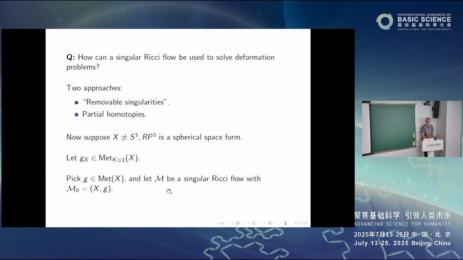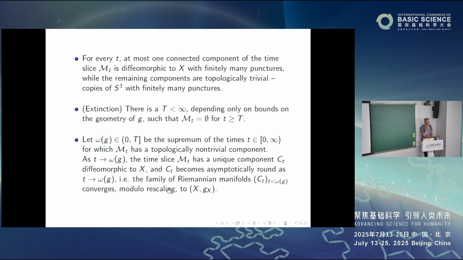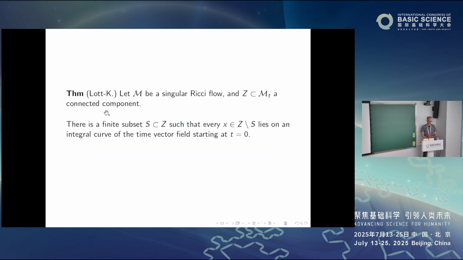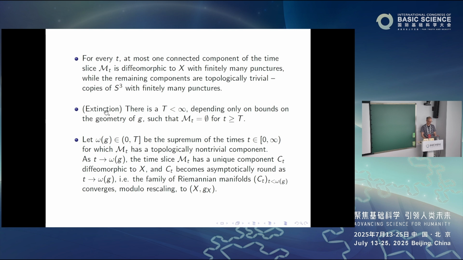Topologically, things are fairly simple. At every time, at most one connected component of that time slice M_t will be diffeomorphic to X, the manifold we started with, possibly with finitely many punctures.